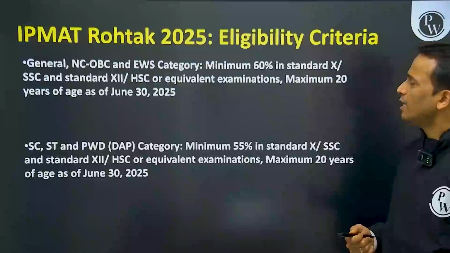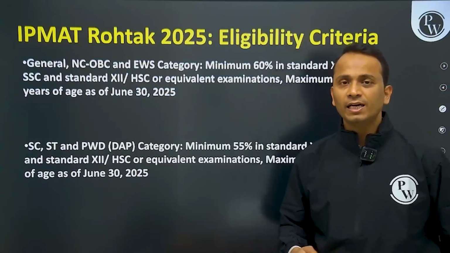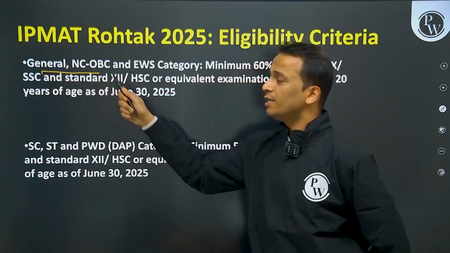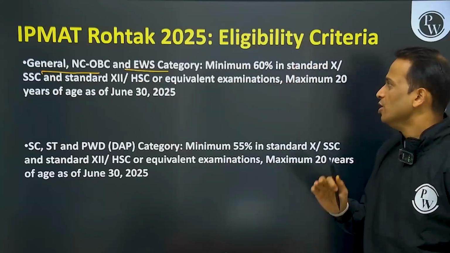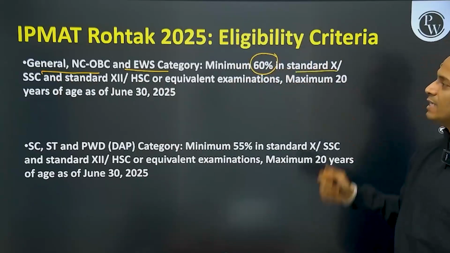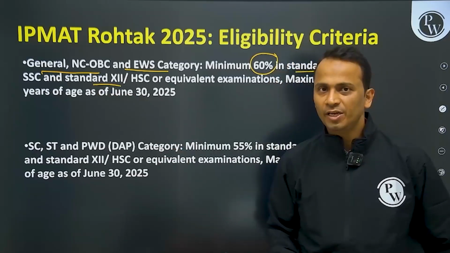Now moving on to the eligibility criteria, which is divided into two parts. First, for General, NC/OBC and EWS category students, you need to score a minimum of 60% in 10th standard and 12th standard or equivalent examinations.